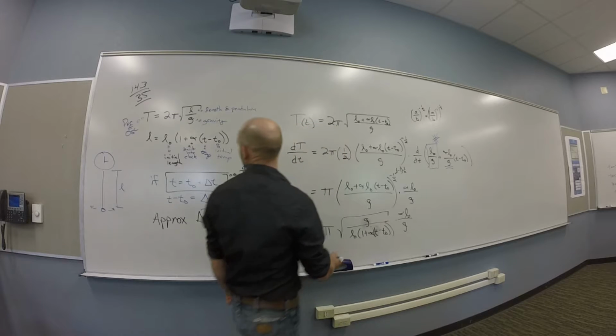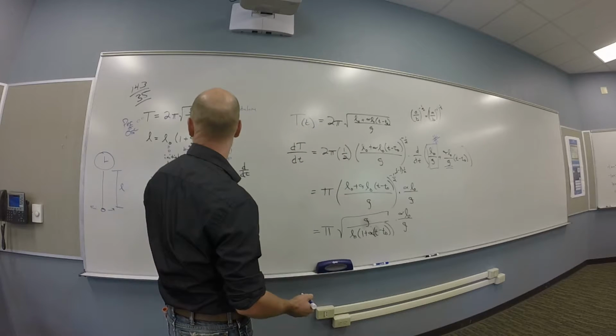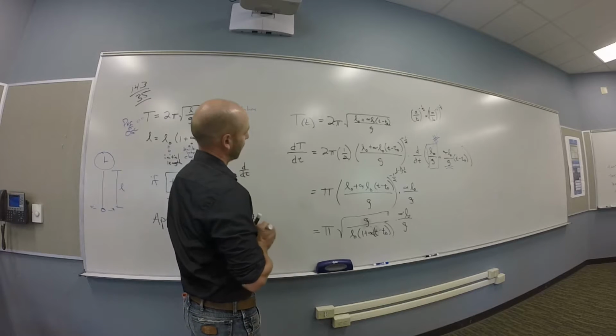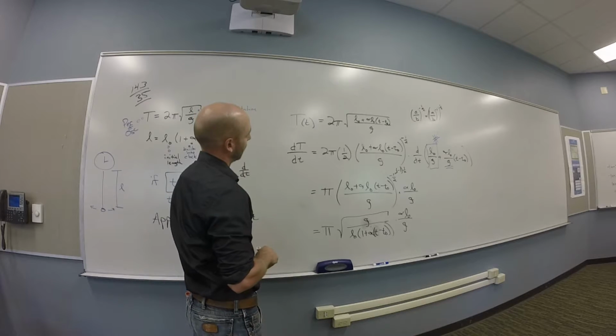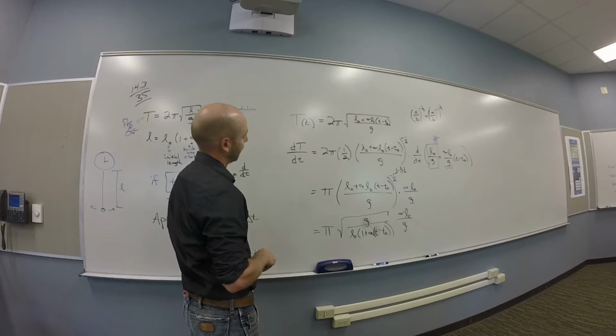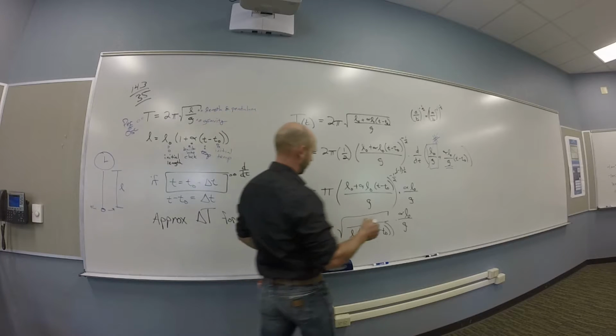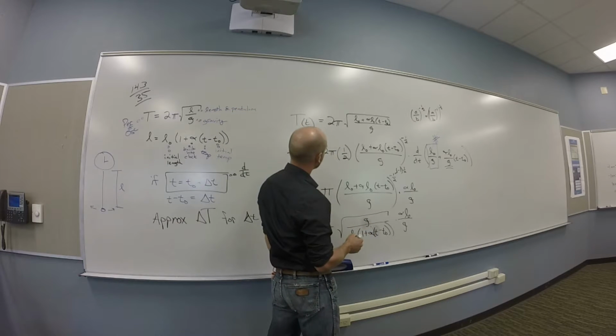So the way I did it, I just said T equals 2 pi times the square root of L naught divided by G times the square root of 1 plus alpha times T minus T naught. And then I differentiate it, so that makes your life easier if you do it that way, but obviously you can do it the other way.